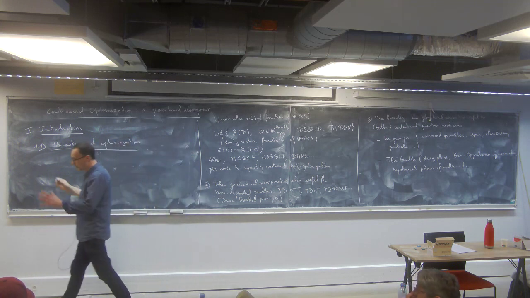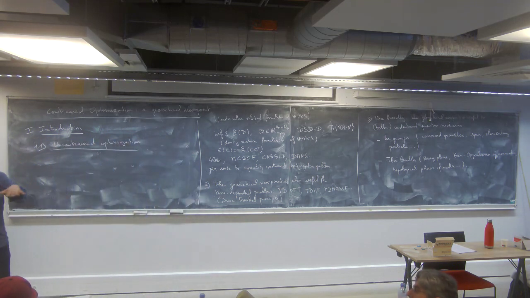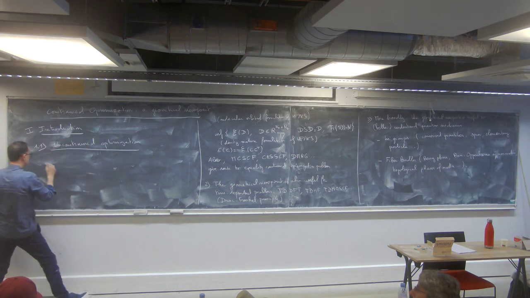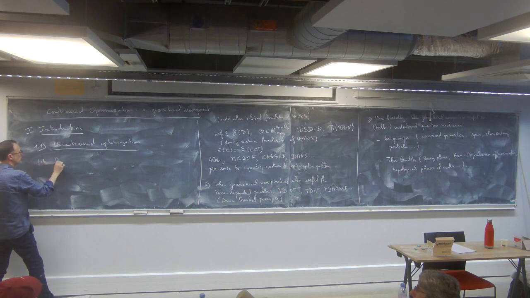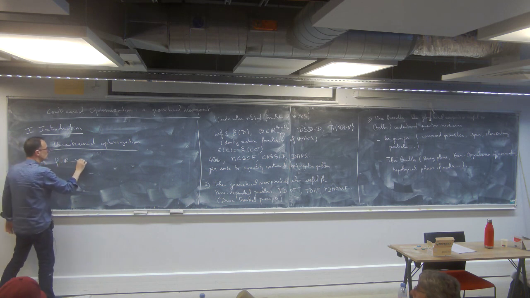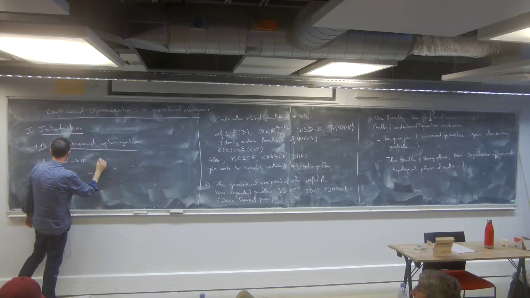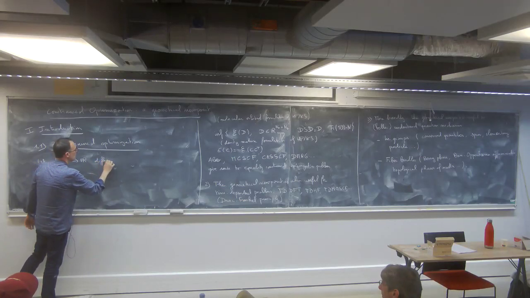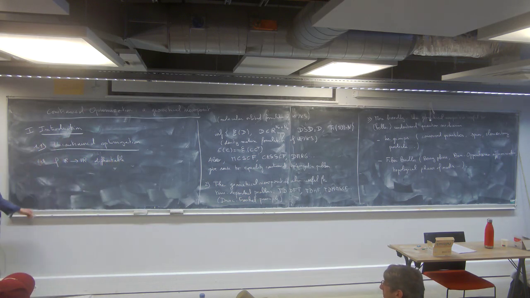Unconstrained minimization means that I'm minimizing some function over a linear space, a vector space. Let's start with 1D. So let f from R to R be differentiable.